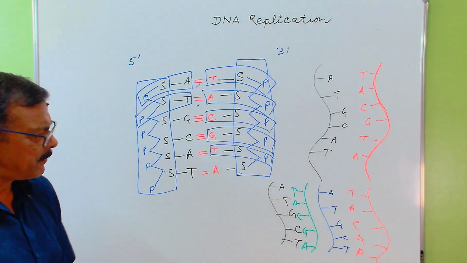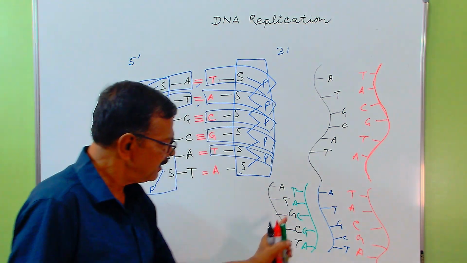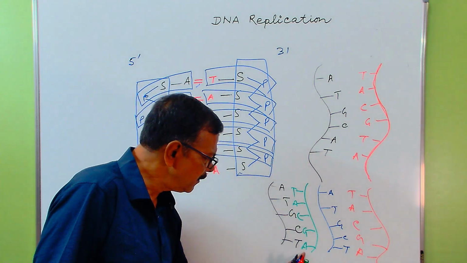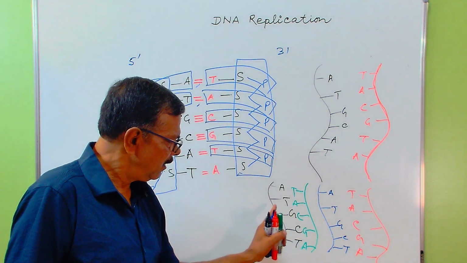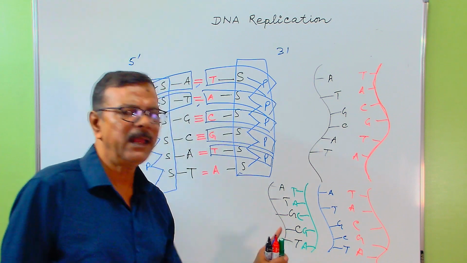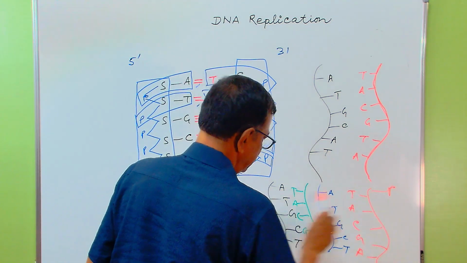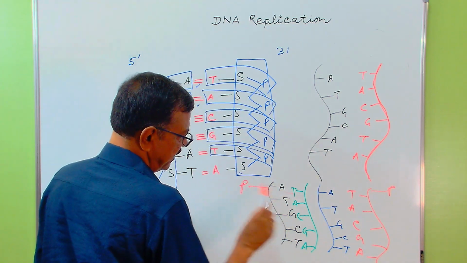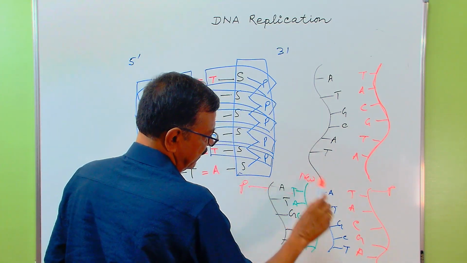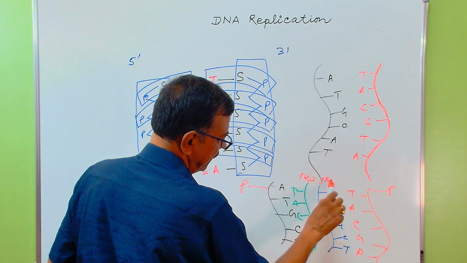So easily we can predict that the new strand will be complementary to the parent strand. This is known as parent strand. This is parent strand. This is also parent strand. This is new strand. This is also new strand.